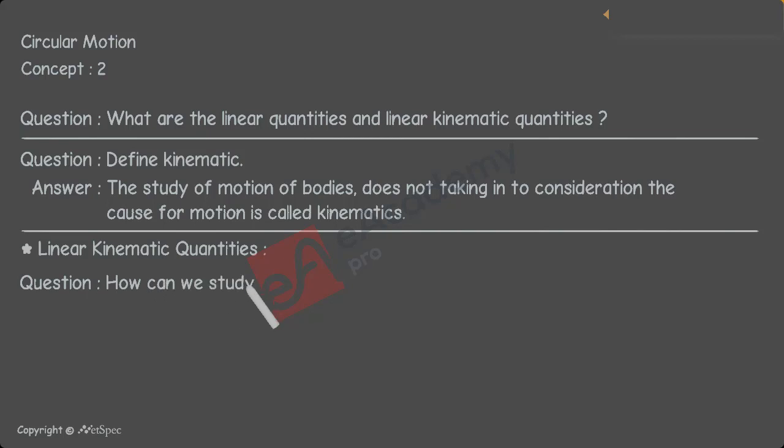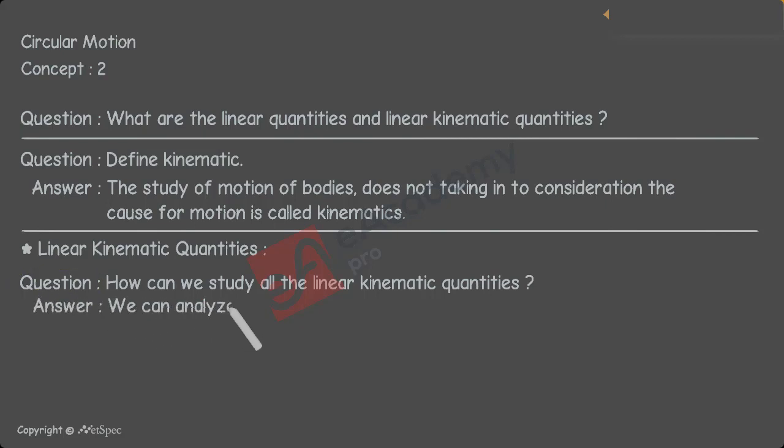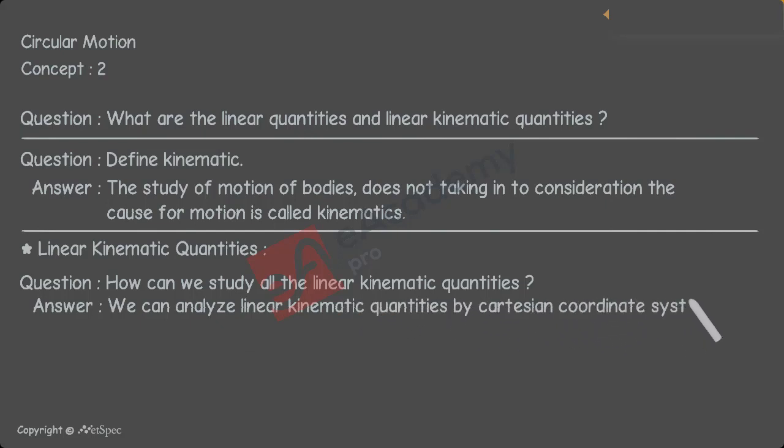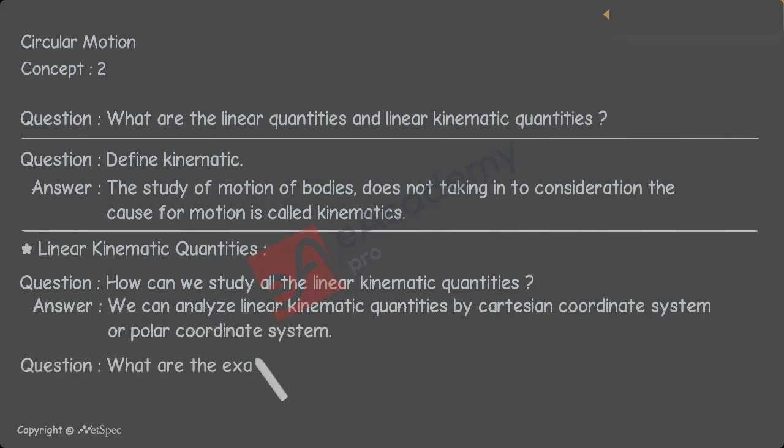How can we study all the linear kinematic quantities? We can analyze linear kinematic quantities by Cartesian coordinate system or polar coordinate system. What are the examples of linear kinematic quantities?